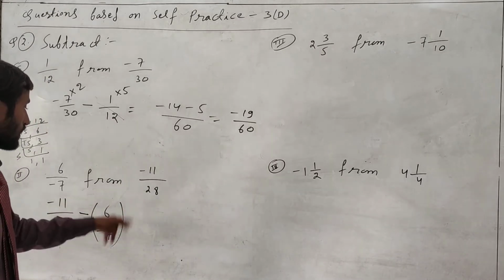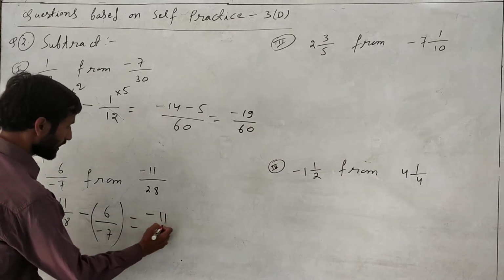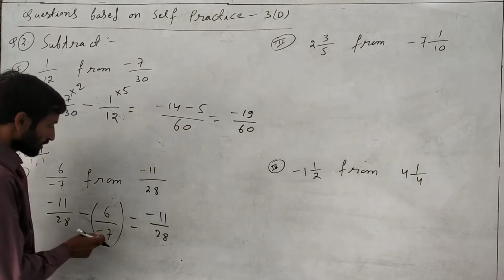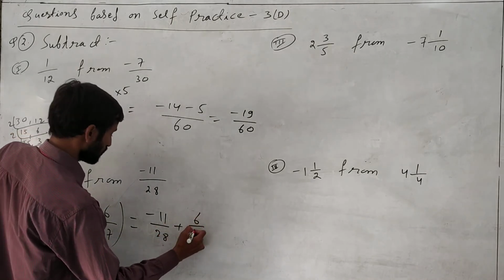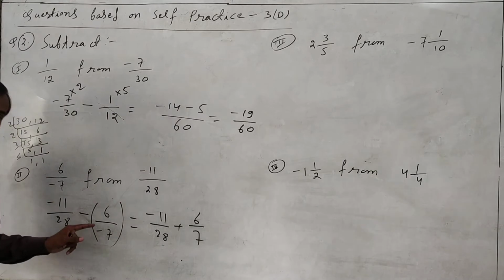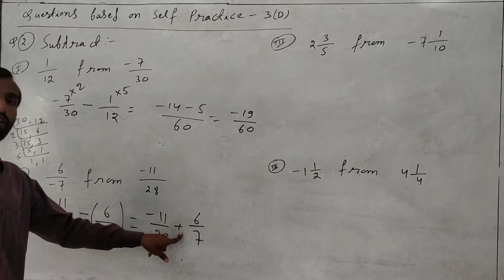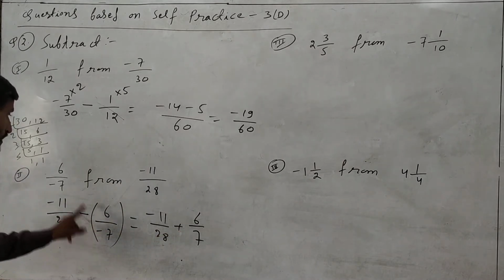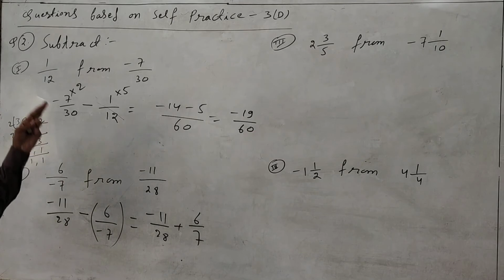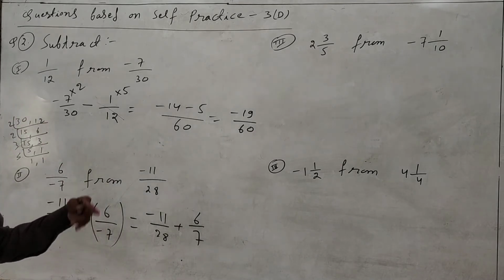After that you remove this small bracket. So minus 11 upon 28, this minus and this minus make a plus, so you write plus 6 upon 7. Just be careful here: this minus and this minus, that's why I wrote plus. Already a minus sign was in the number, and from subtraction I put a minus, so minus minus becomes plus.